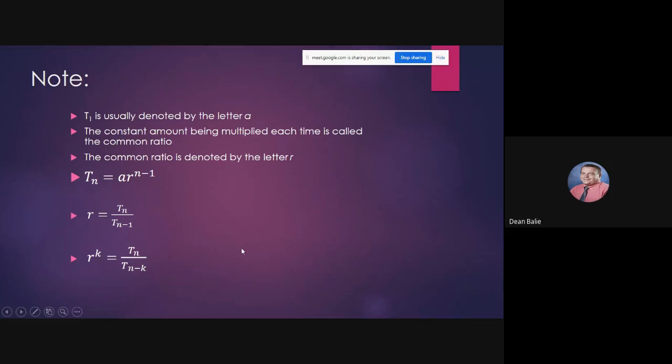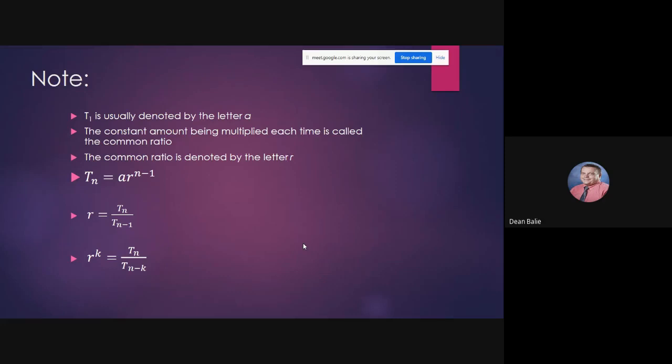So if I've got T7 and T11, then k would be 4. And then I would divide T11 by T7, and that would give me r to the power of 4. We've done all of this last term, so this is just to get these things back into your head before we look at series and how we add these terms together.